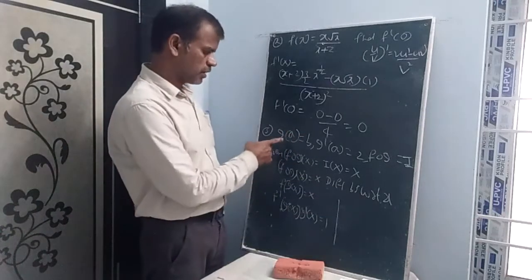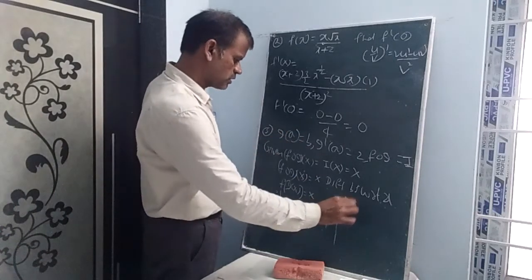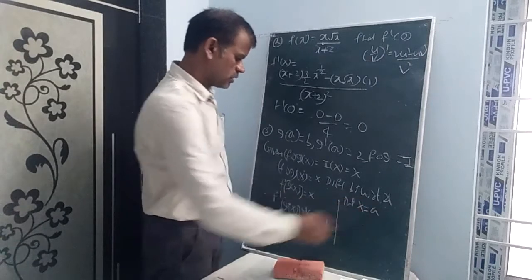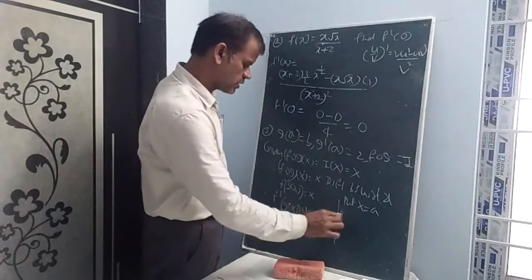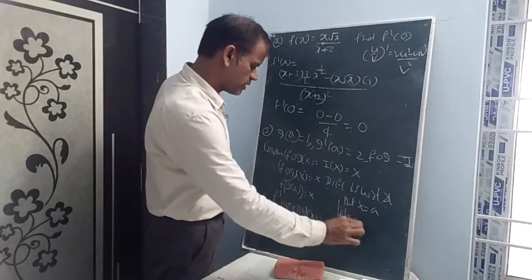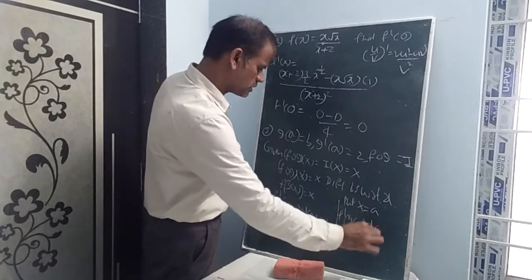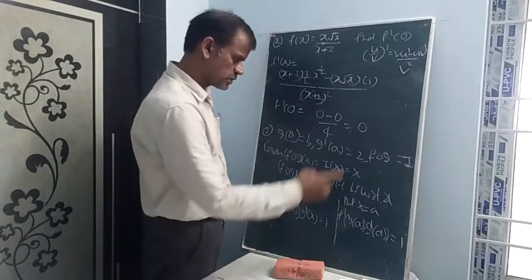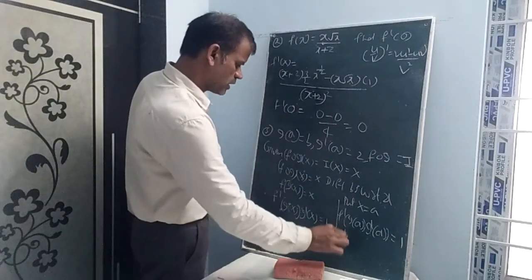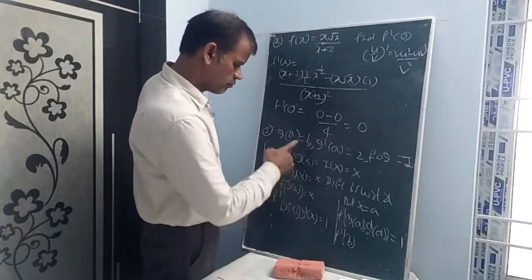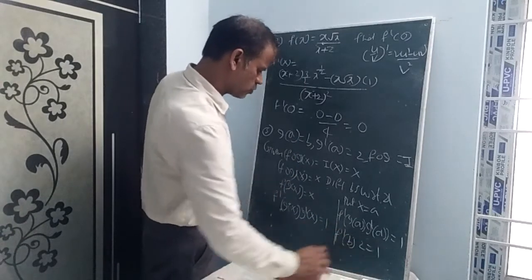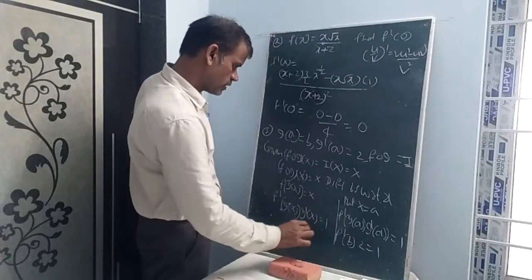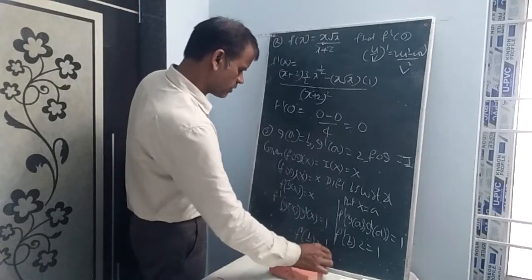Now put x equal to a. Then f dash of g of a into g dash a is equal to 1. Instead of g dash a, substitute the given 2. Now f dash of g of a means f dash of b, and this times 2 is equal to 1. Therefore f dash of b is equal to 1 by 2.